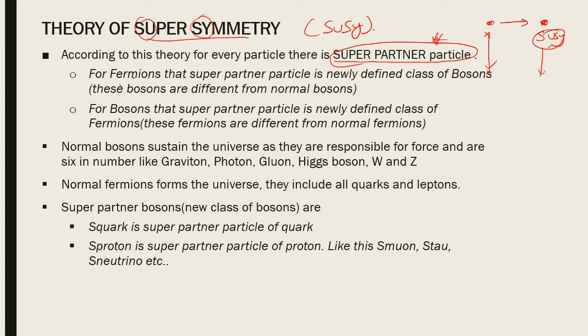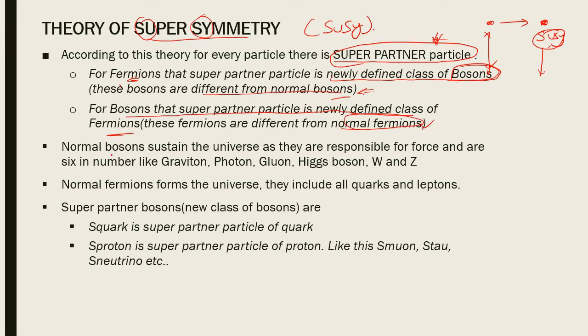For fermions, which we discussed in previous slides as fundamental particles, the super partner particles are a newly defined class of bosons, different from the normal bosons we discussed till now. Normal bosons are force carrying particles, but this new class of bosons are super partners of fermions. Similarly, for bosons, the super partner particles are a newly defined class of fermions, also different from the normal fermions.